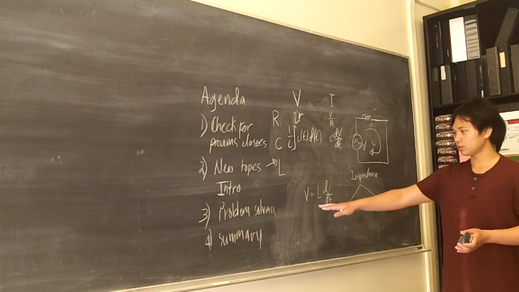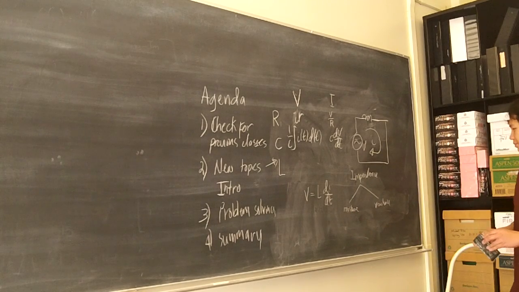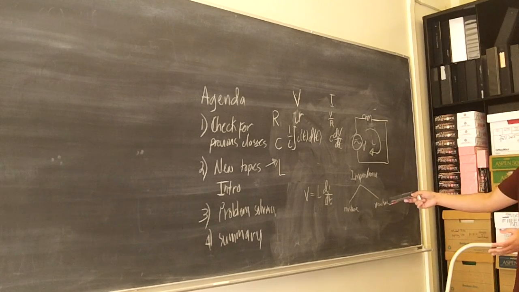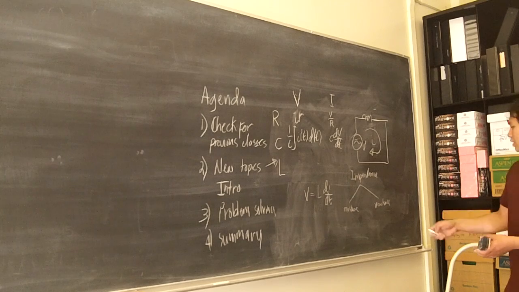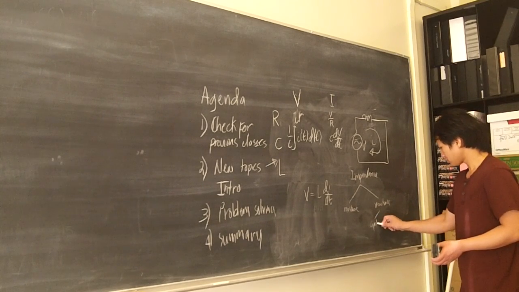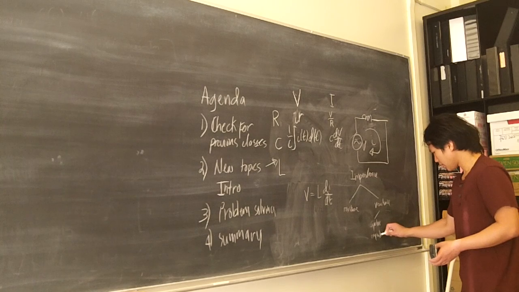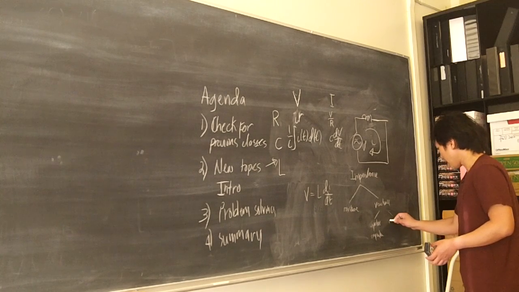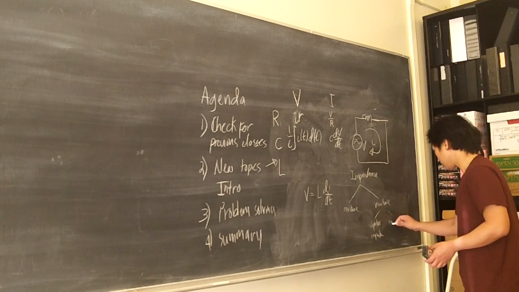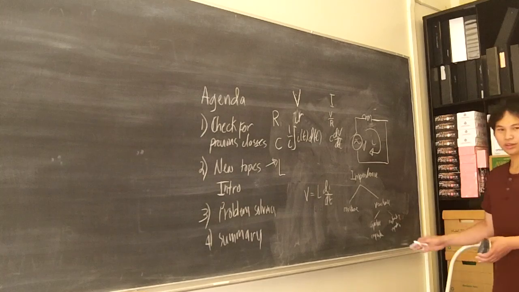That's why your voltage and inductance involve di/dt. So for impedance, you have resistance and reactance. Reactance is composed of capacitive impedance and inductive impedance.